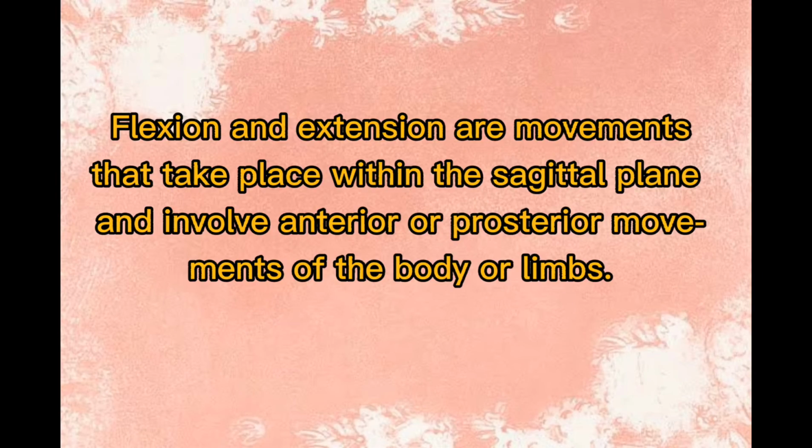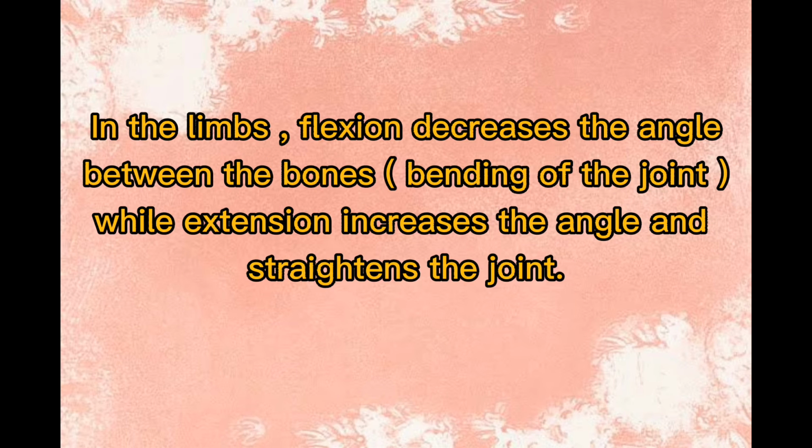Flexion and extension are movements that take place within the sagittal plane and involve anterior or posterior movements of the body or limbs. In the limbs, flexion decreases the angle between the bones, bending the joint, while extension increases the angle and straightens the joint.